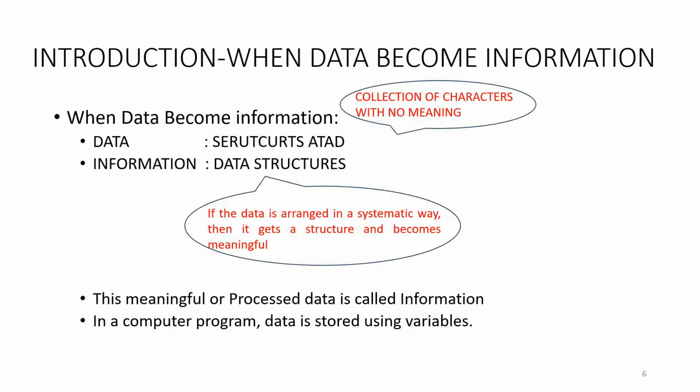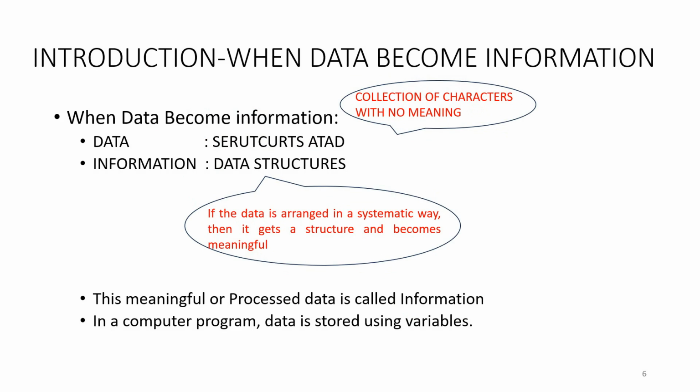Raw data does not always provide meaningful information on its own. When the data is organized, processed, or interpreted, it becomes meaningful. This meaningful form of data is called information. For example, consider the following characters: SERUT.